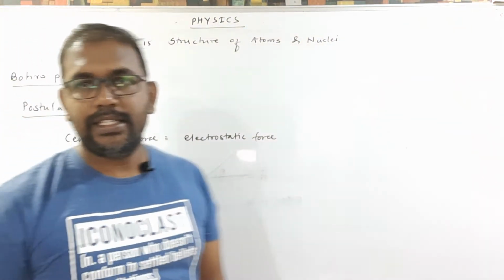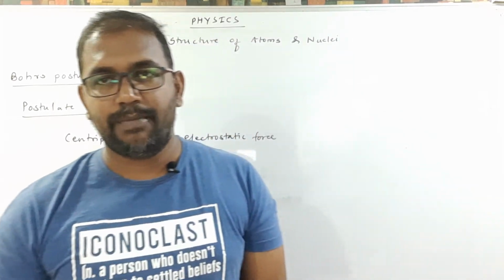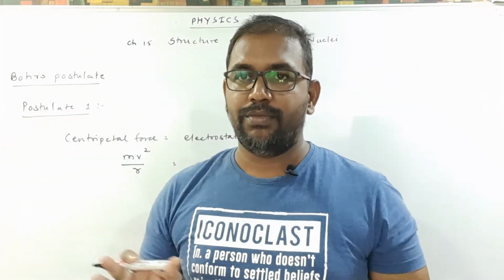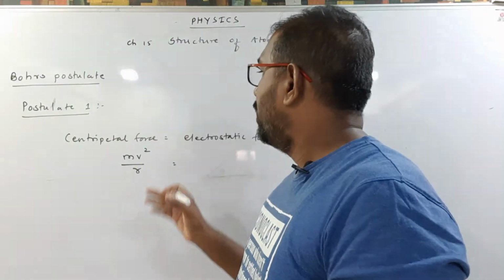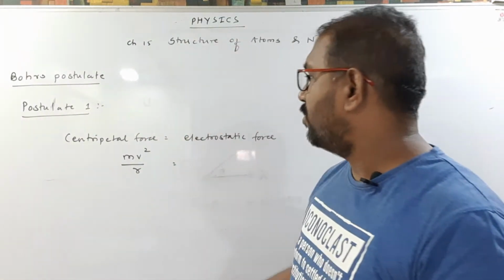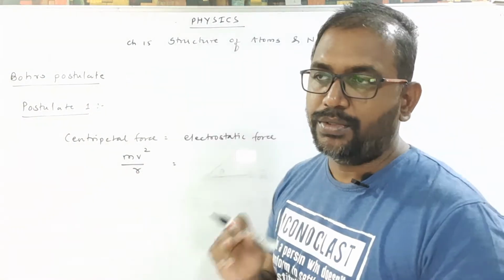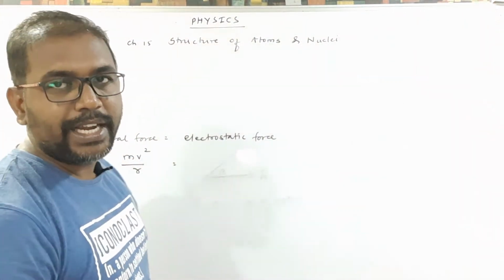For the electrostatic force, I consider the simplest atom, which is the hydrogen atom, and I write everything for that hydrogen atom. So in a hydrogen atom, for circular motion of the electron around the nucleus, the centripetal force is provided by the electrostatic force.